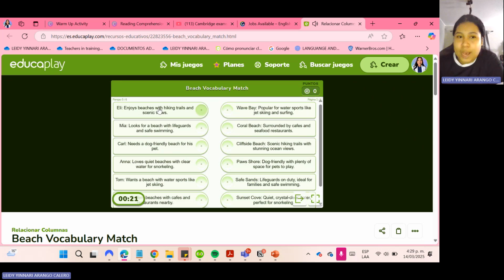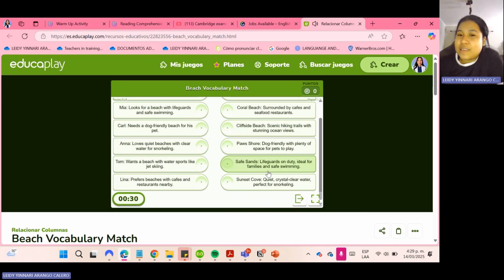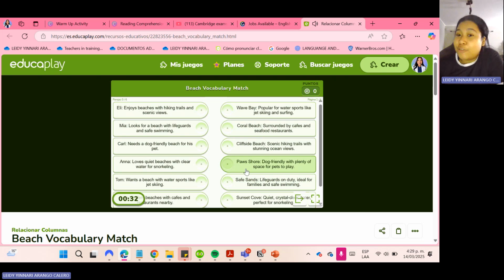So, for example, we have A: enjoys beaches with hiking trails and scenic views. So we need to see which one fits better by finding the key words. Just by scanning, I know that this one will fit immediately. Why do I know that one will fit?